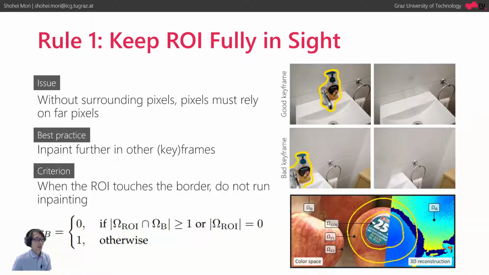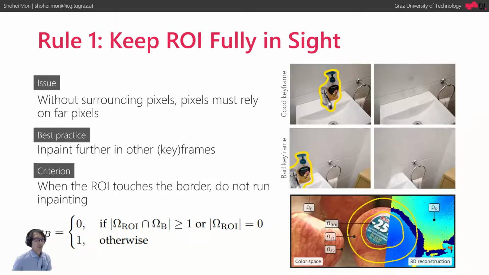Let's put this aside. So there are 6 rules, starting from rule 1. Keep the region of interest fully inside. Inpainting algorithms find pixels from the surrounding area to fill in the region of interest. I will always show a good and bad keyframe example here on the right for an easy visual comparison.